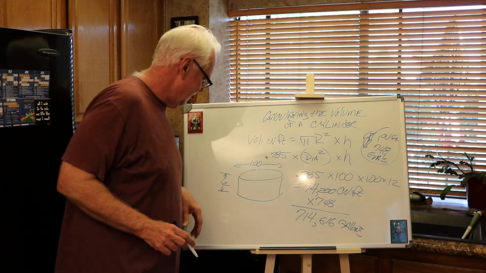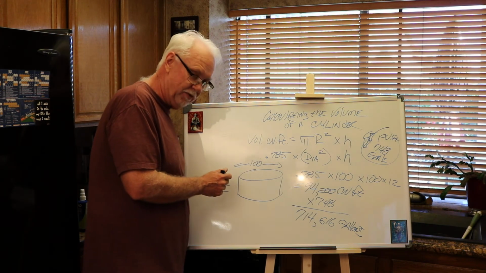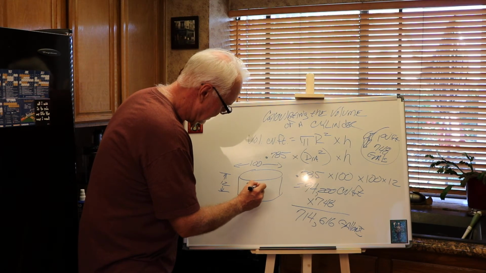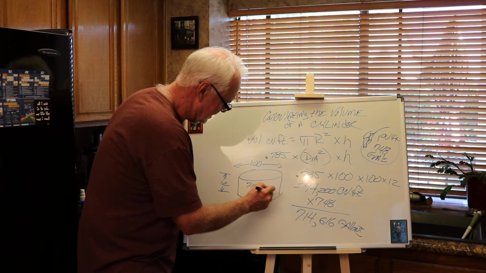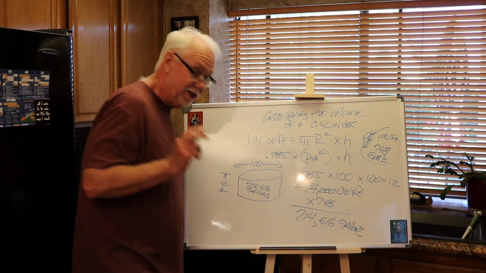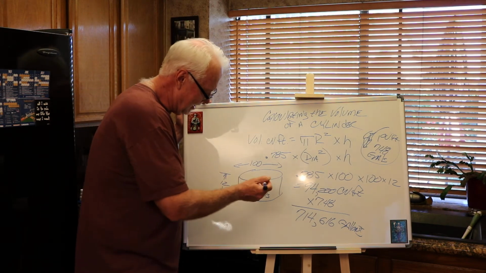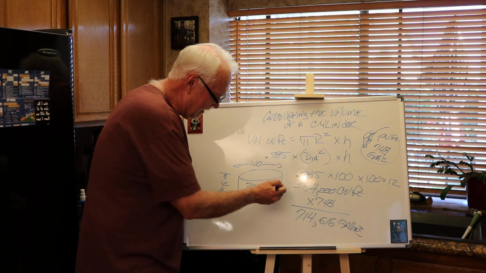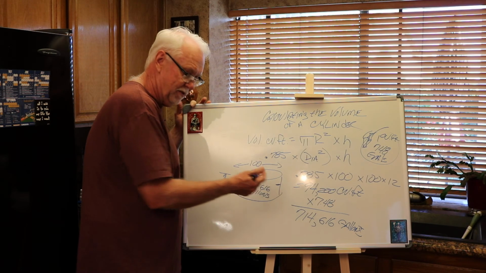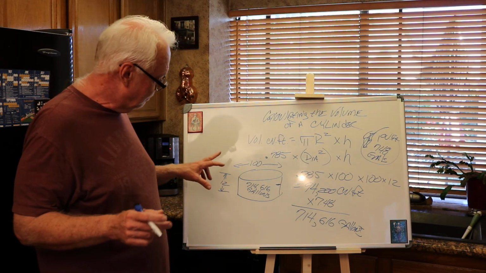So what we're saying here is a tank with a 100-foot diameter, 12 feet deep, would contain 714,616 gallons. Now keep in mind, when you do this calculation, that is from top to bottom. Okay, if the tank is half full, then you divide this by 2. Basically we're calculating the volume of the tank totally full.